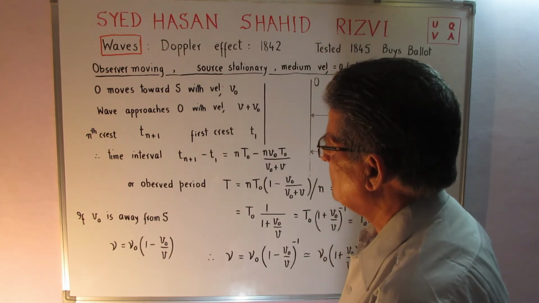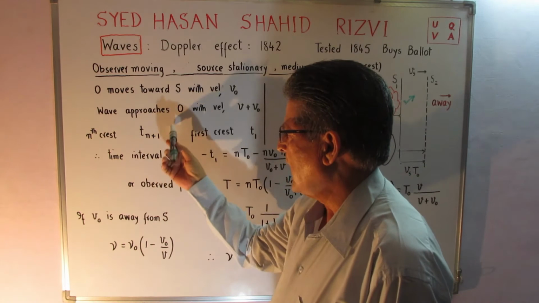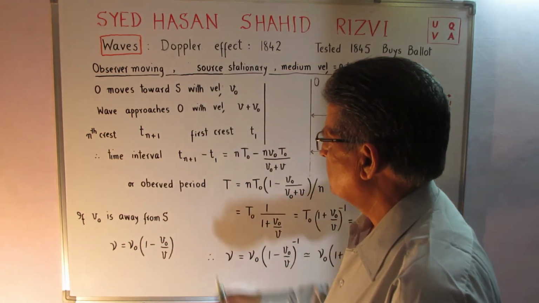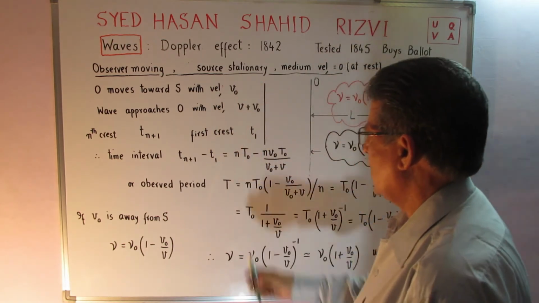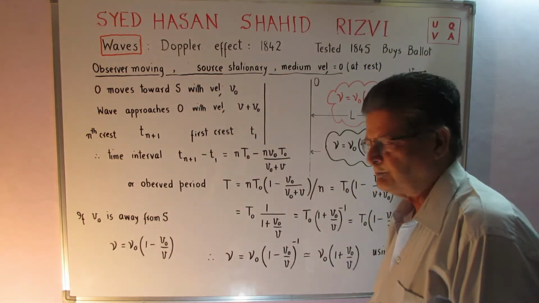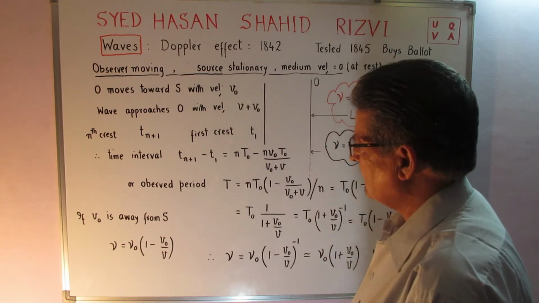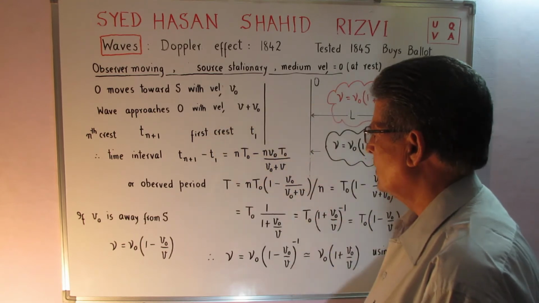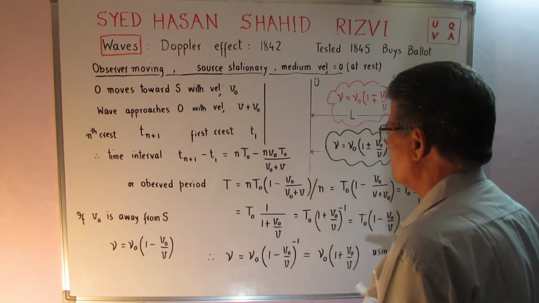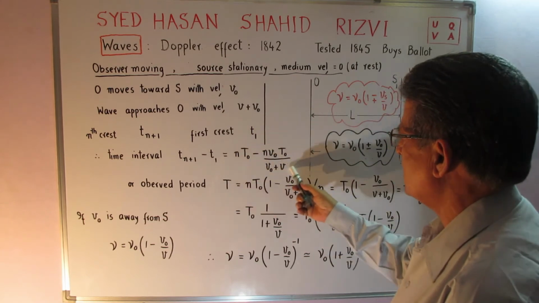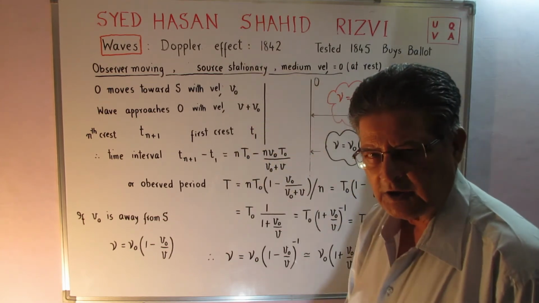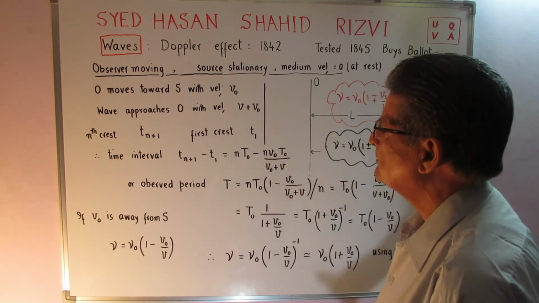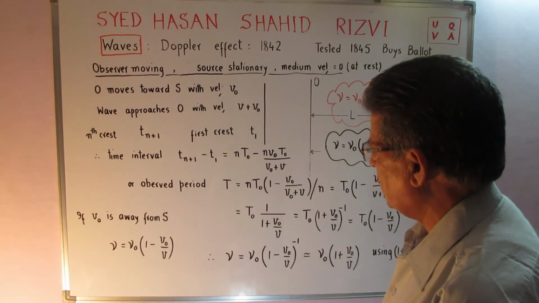So for the nth crest, we'll have a value of t as t(n+1), and for the first crest, I will have t1. So the time interval between the two of them, t(n+1) minus t1, like before, will come out like this: n t naught minus n v0 t naught upon (v0 plus v), the observed period.